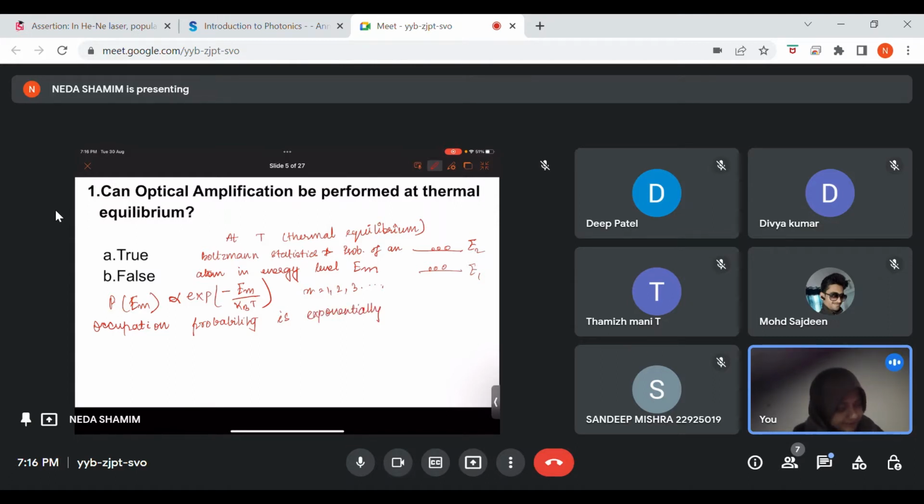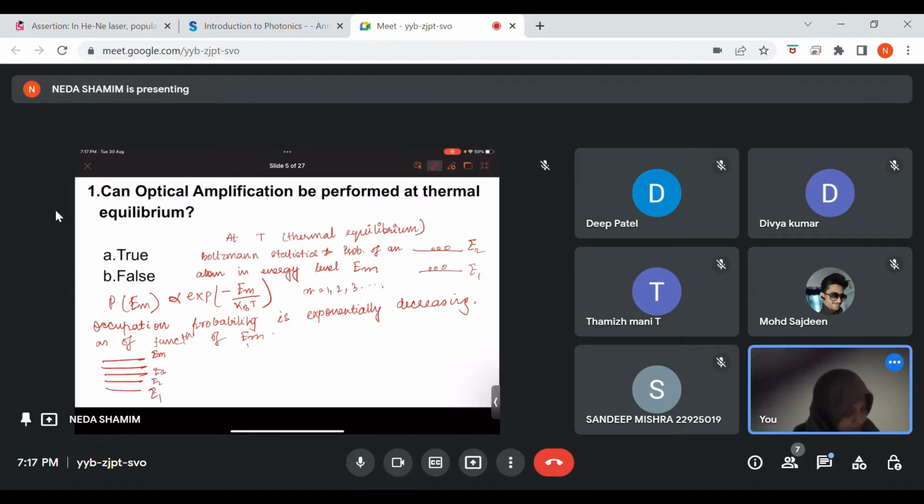Now this is exponentially decreasing as a function of what? As a function of the energy, that is, at higher energy levels. So you have these energy levels: suppose this is Em, this is E3, E2, E1.